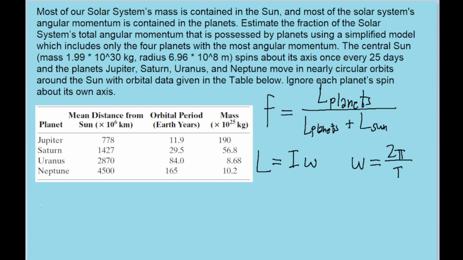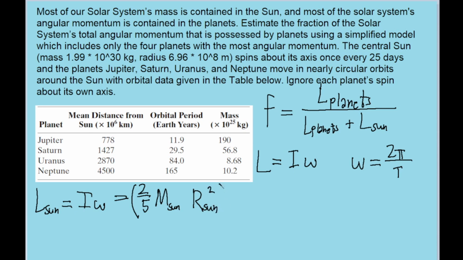So let's do that first. Let's first find the angular momentum of the sun. As we mentioned earlier, it's equal to the moment of inertia times its angular velocity. If you look up the moment of inertia of a sphere, which is what we're going to assume the sun is, it's equal to about 2/5 times the mass of the sun, times the radius of the sun squared.